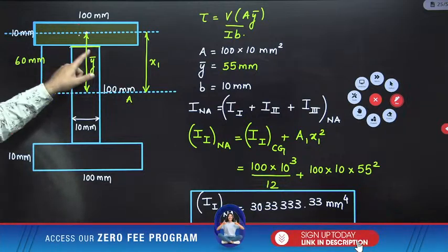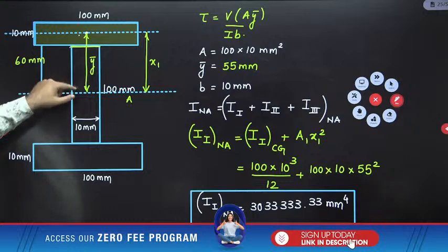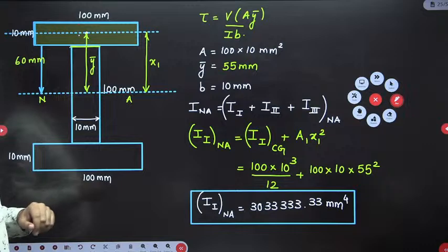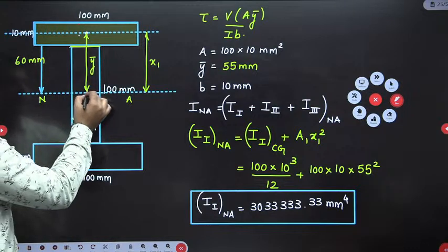Now the second rectangle: the centroidal axis of this rectangle, which is parallel to the neutral axis, is overlapping with the neutral axis. This is only the CG of the middle rectangle.